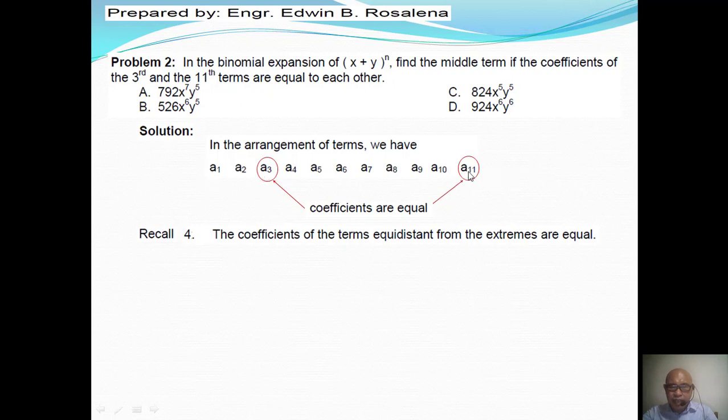So, to have this A11 the same position as A3 from the extreme, A11 should be third from the last. So, meaning, may dalawa pa pala tayong terms dito na. Ito na yan. So, diba? Third term is third from the left. So, A11 is third from the right.